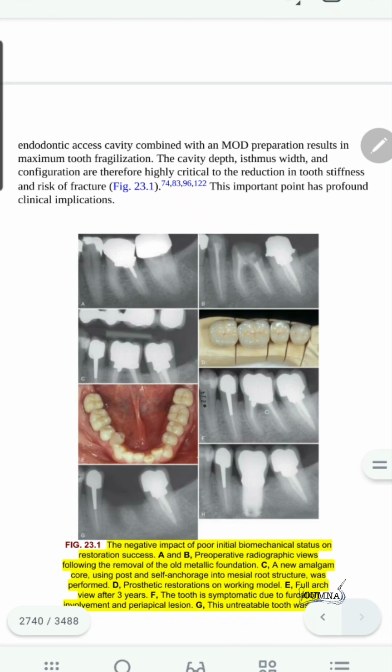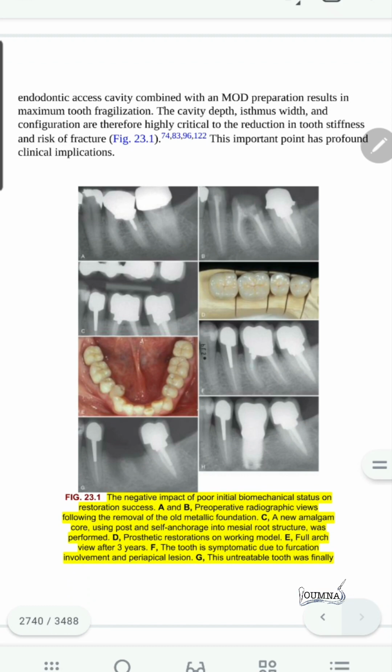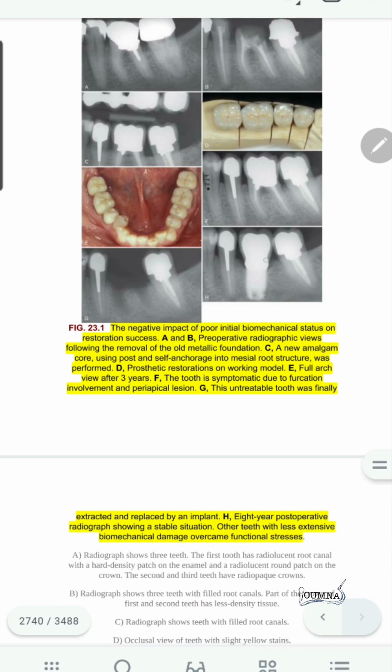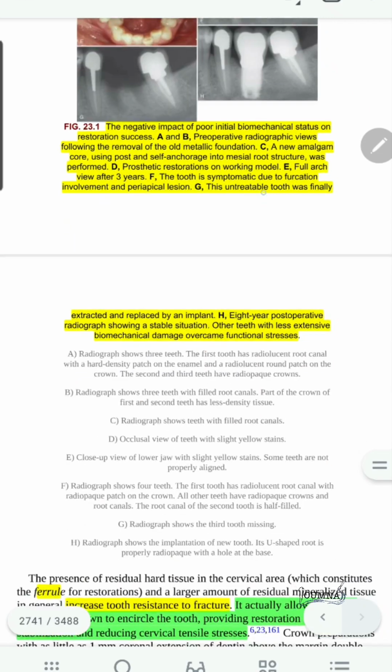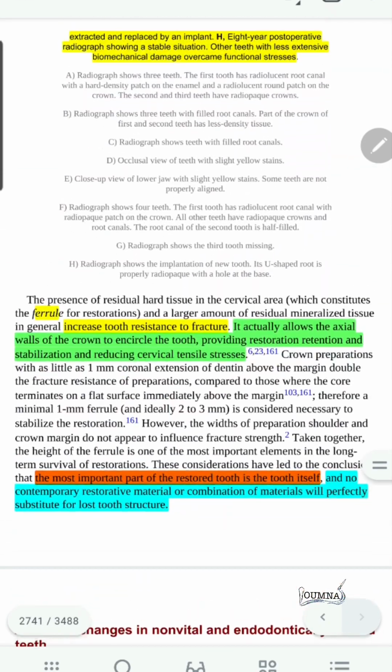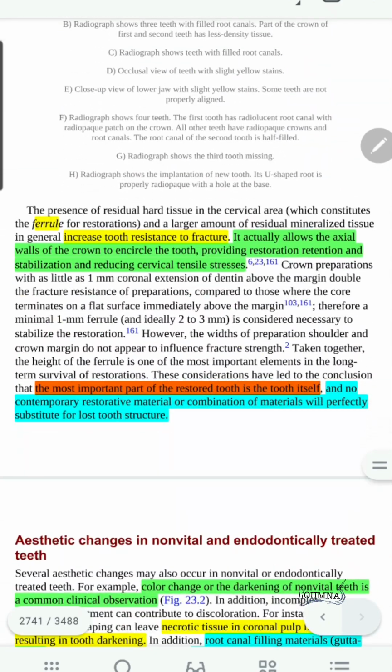When we did the restoration, it was so close to the furcation area. Then after 3 years, the tooth became symptomatic and it was extracted, and an implant was put instead.